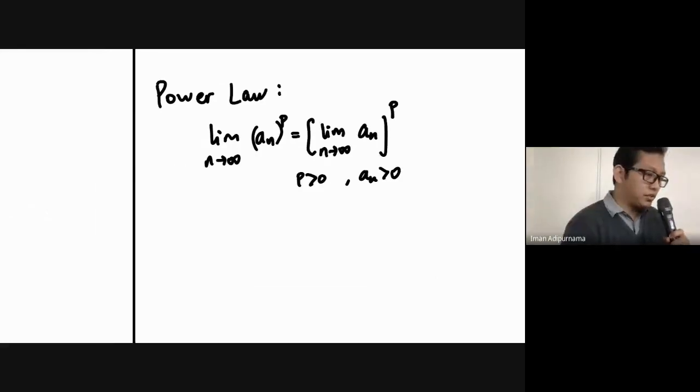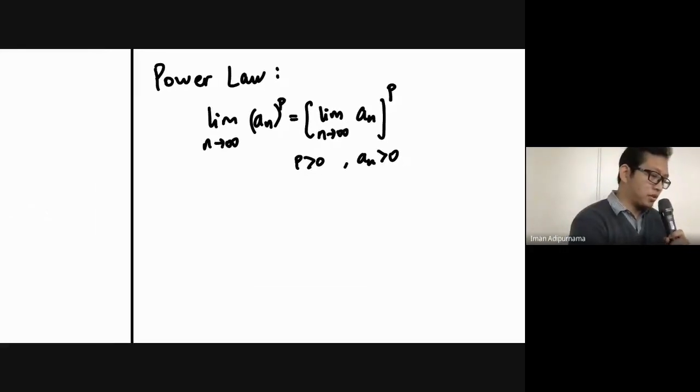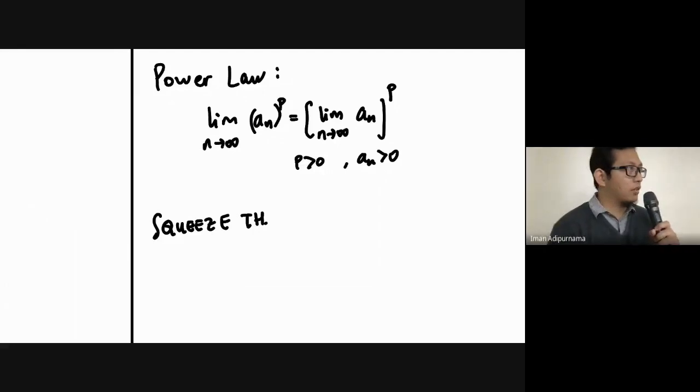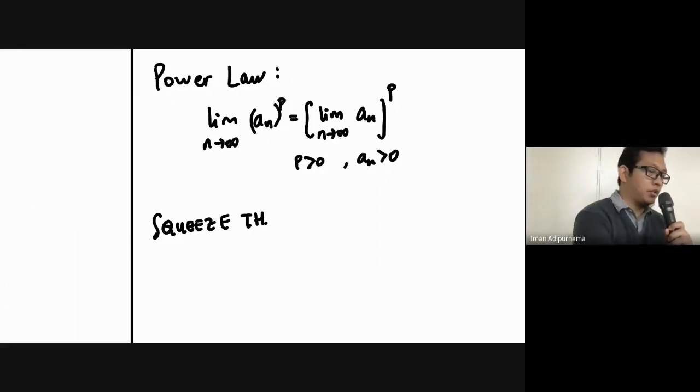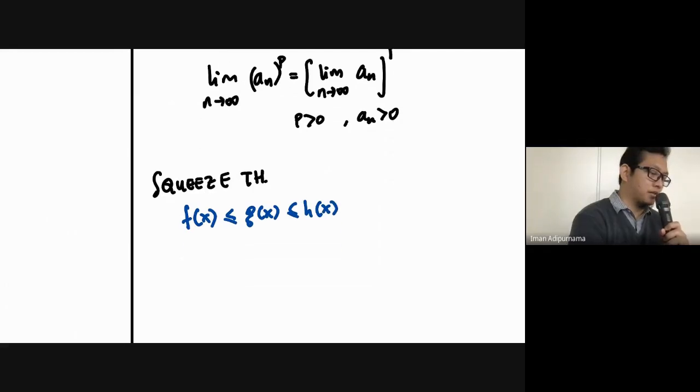And also, I will review or give you some theory from your Calculus 1, because it also can be used in this chapter. It's called the Squeeze Theorem. Usually in your regular Squeeze Theorem, you are dealing with functions, right? If you have functions, let me write the old terms.